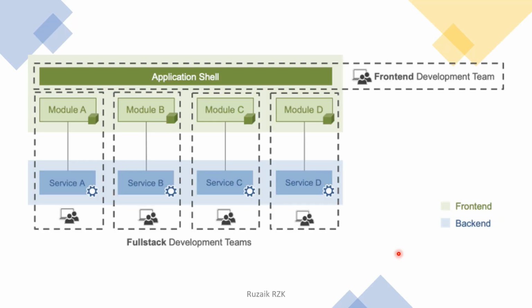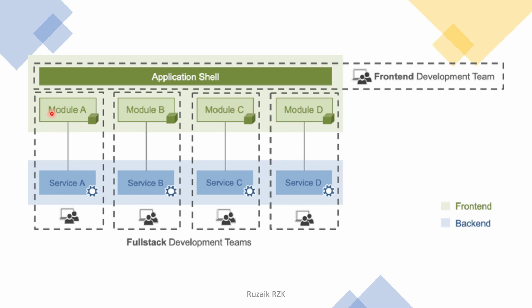Okay. So in this diagram, as I already said, we can see the main shell application, and there are four separate micro frontend components, micro frontend apps or projects. The module means the micro frontend application, and the service means the backend related to each and every micro frontend app.